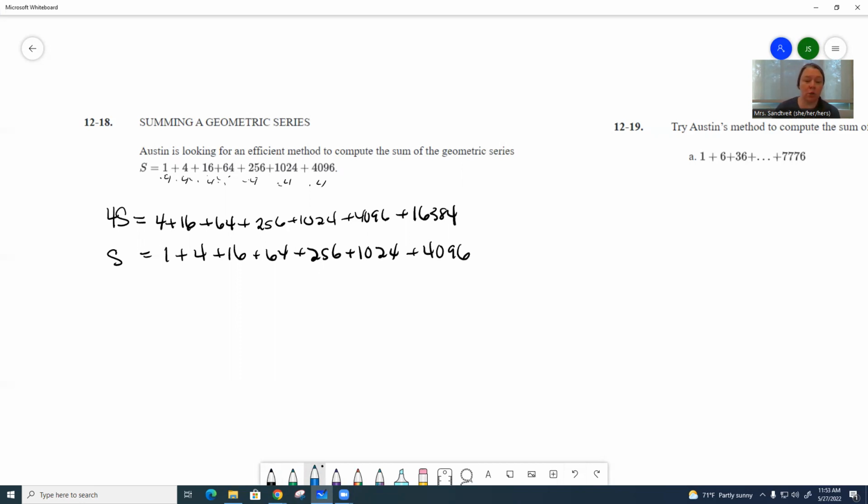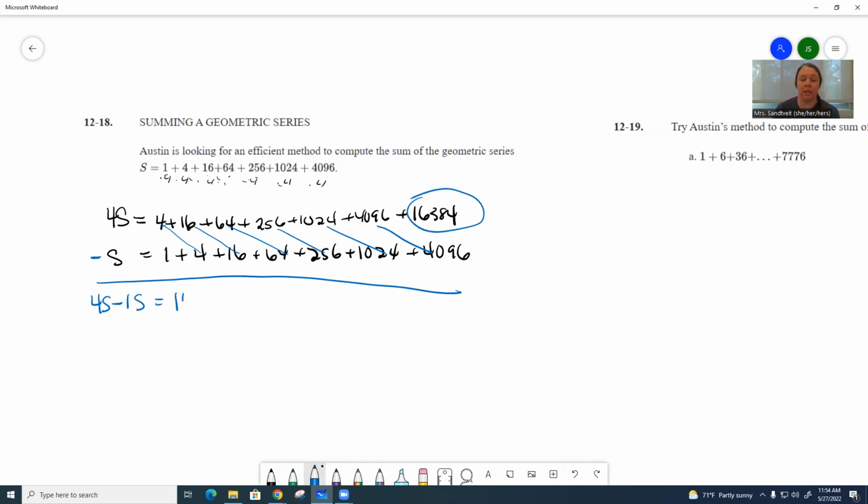Okay, so then what we're going to do is subtract the original series from the 4 times the series. So when I subtract, notice these pair up, 4 minus 4 is 0, 16, like all of these here end up canceling out. And so when you do 4s minus 1s, what you end up with is just this 16,384, which remember came from doing our last term times 4, and then we're subtracting that 1.